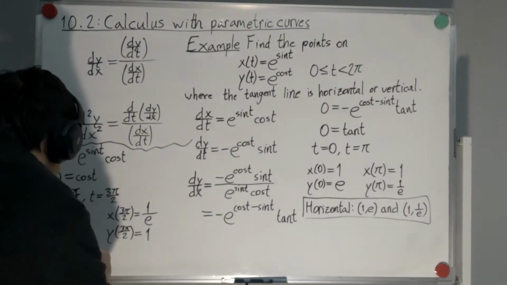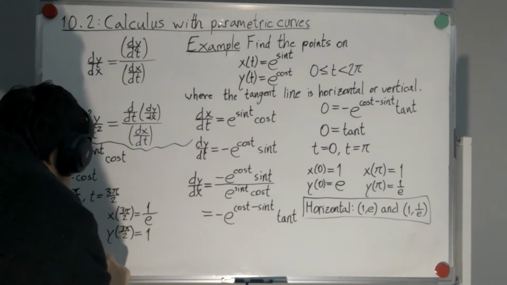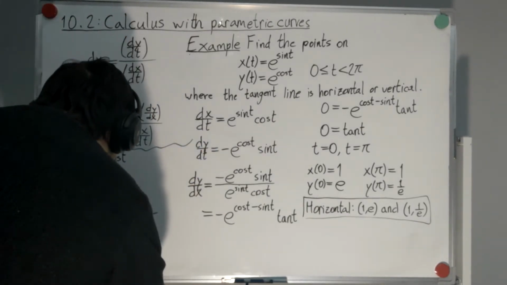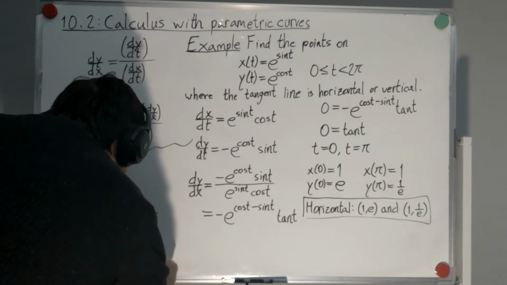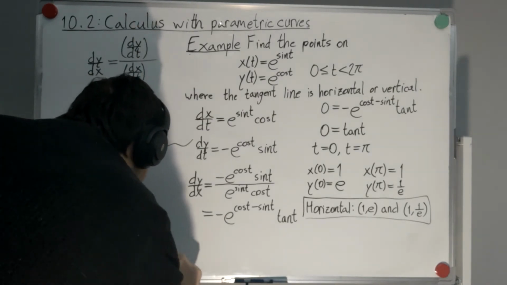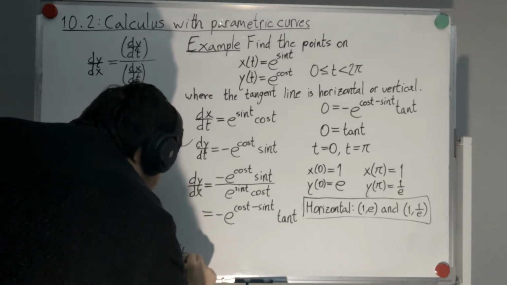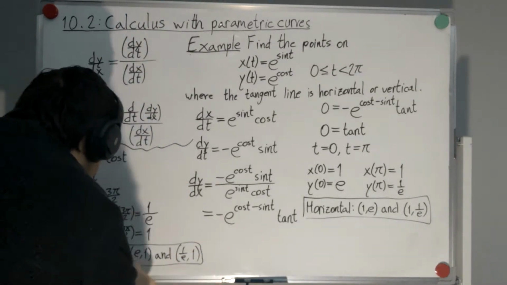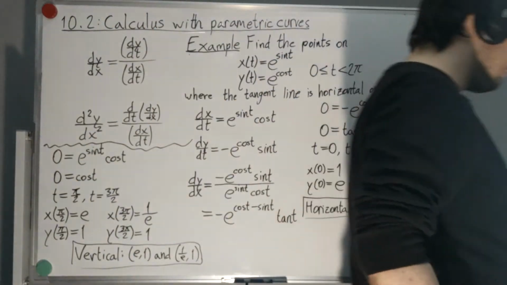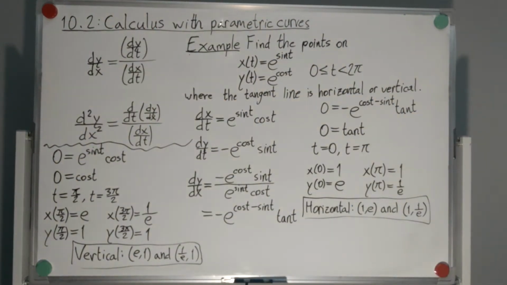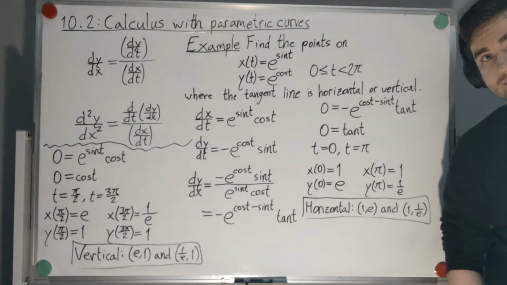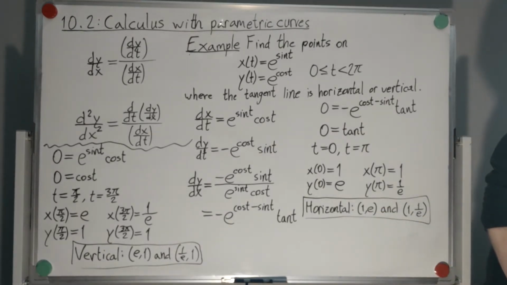So we have vertical tangent lines at the points (e, 1) and (1/e, 1). At those 2 points, we have vertical tangent lines. At these 2 points, we have horizontal tangent lines. Okay.